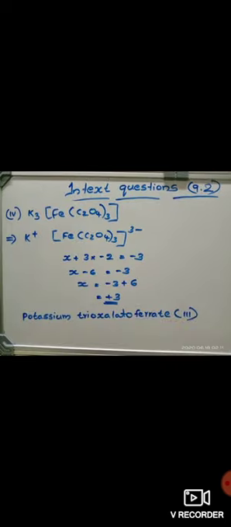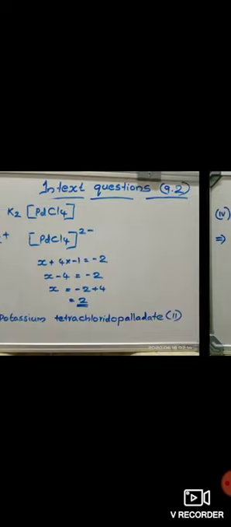Next one, K3[Fe(C2O4)3], oxalato. So K plus and [Fe(C2O4)3]3−. The central metal atom is in the +3 oxidation state. So the name is potassium trioxalatoferrate(III).